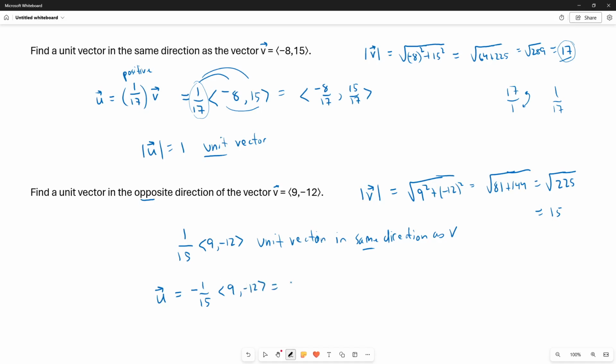And if we distribute this through, we get -9 over 15, comma, -12 over -15, and let's simplify that. 9 over 15 is the same as 3/5, so this is -3/5, and 12 over 15 is 4/5. The negatives cancel. So there's our unit vector in the opposite direction of v.